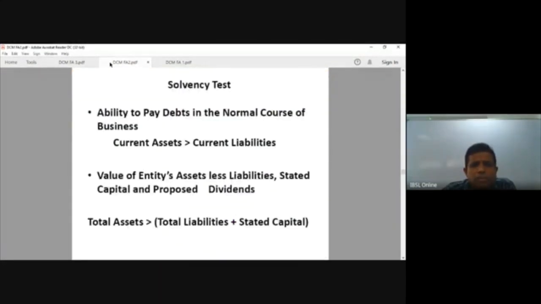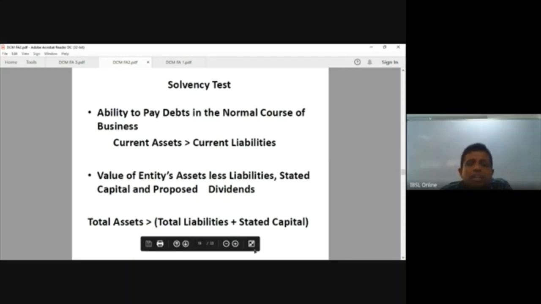Now, if you go to this formula, total assets should be more than the total liability plus stated capital. Here the missing item is reserves. If you add the reserves to the stated capital, this formula will tally. Total assets equal total liability plus stated capital plus reserves, right? Therefore, the missing item is reserves, right?